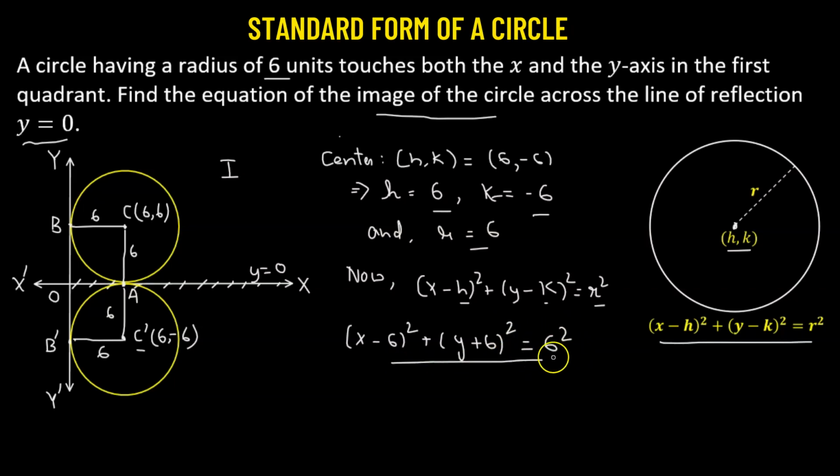This is the standard equation of a circle, and we can further simplify it, which gives us x squared plus y squared minus 12x plus 12y plus 36 equals 0. So this is the equation of the circle which is the image of the original circle, which touches both the x-axis as well as the y-axis with a radius of 6 units.